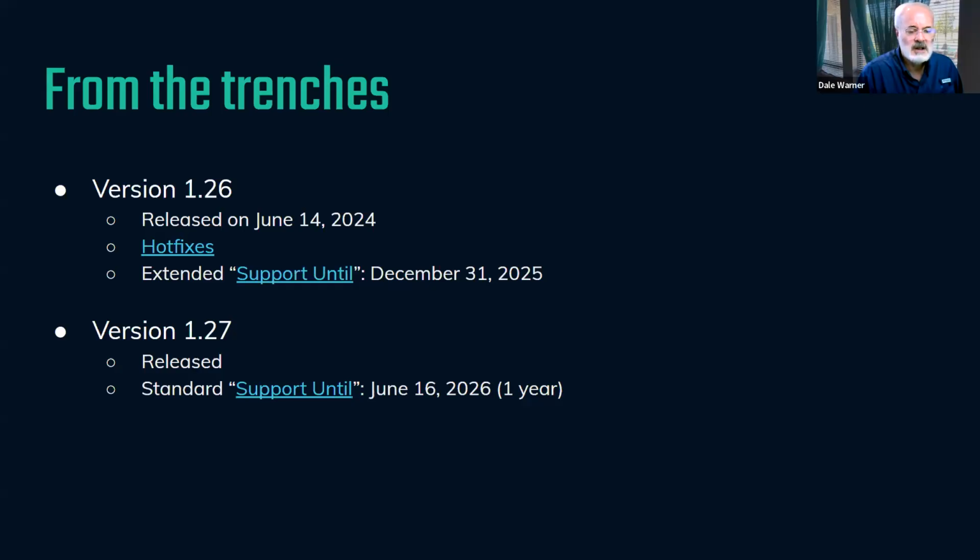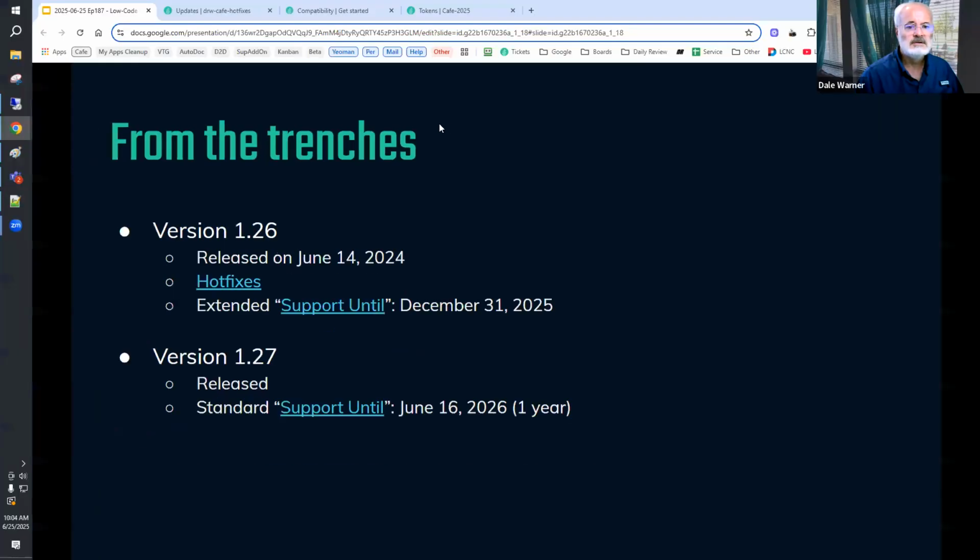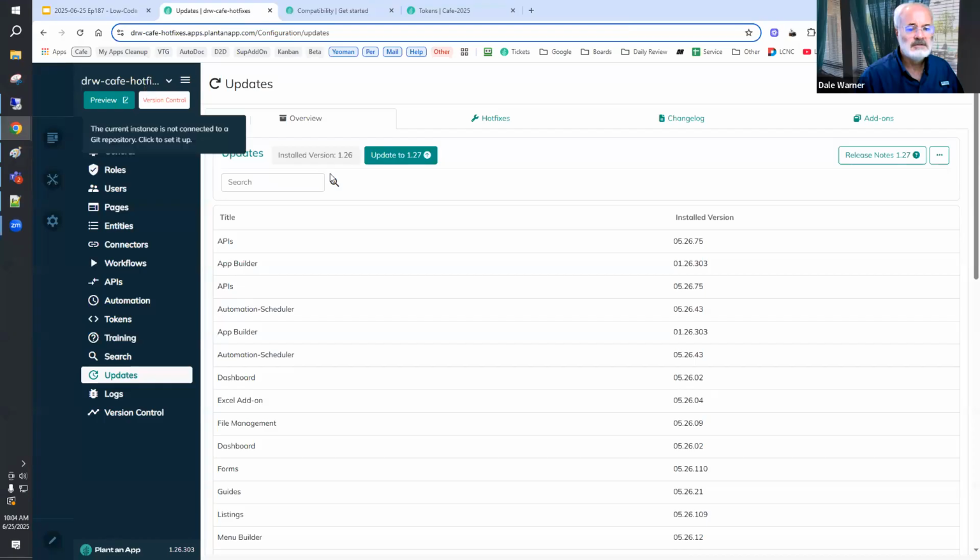I'm not sure if there are any, but also our normal policy is that we support any given version for a year. Since it took us so long to get version 1.27 out, we've extended 1.26. It's going to be supported until December 31 of this year. And then version 1.27 is our standard support window, so it will be supported at least until June 16 of 2026.